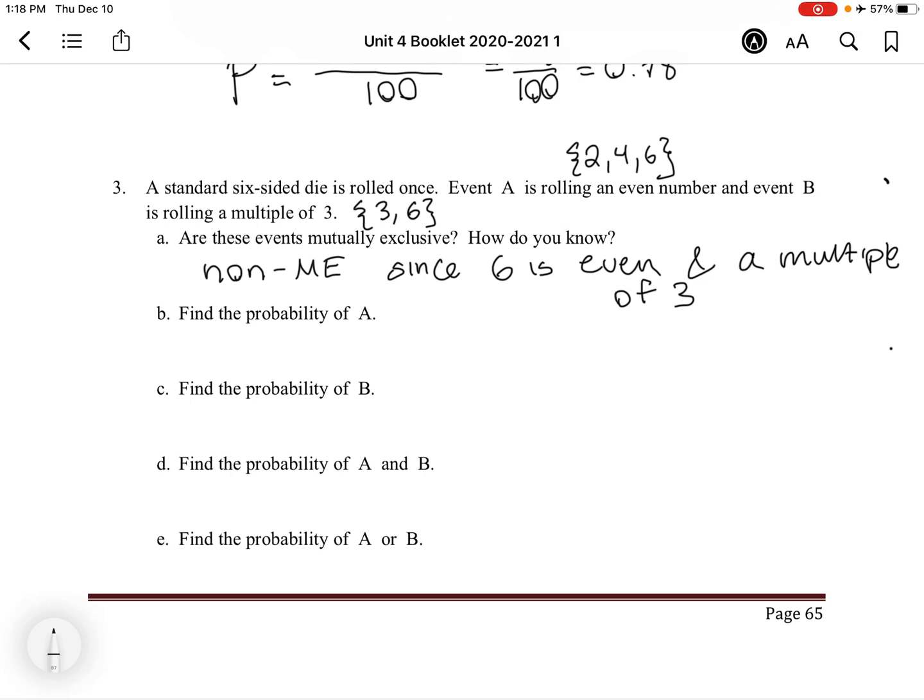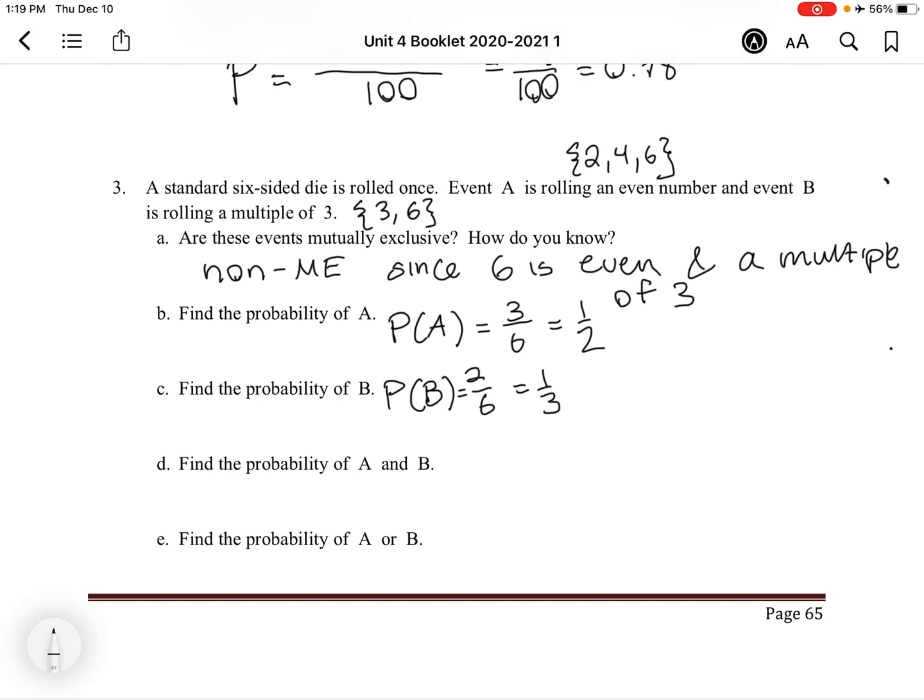Okay, well, what's the probability of A? The probability of A is 3 out of 6 because there's 3 even numbers out of 6 total, which is a half. Probability of B is 2 out of 6 because there's 2 multiples of 3 out of 6 total, so that's 1/3.